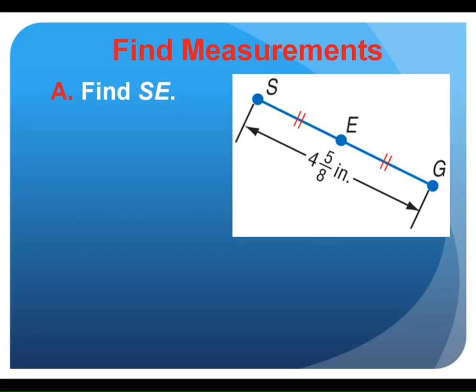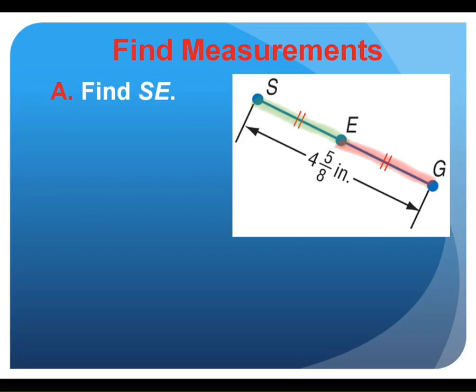Now let's look at this one. This one says find SE from here to here. Who can tell me what these double tick marks mean? Yeah, it means point E is exactly in the middle of SG because these two pieces are the same. I know this green piece is the same as this red piece because of those tick marks.